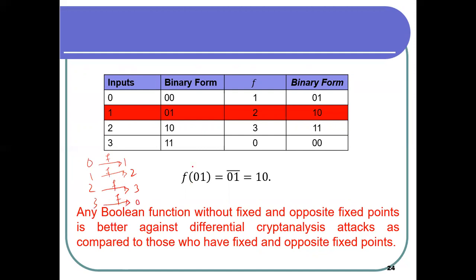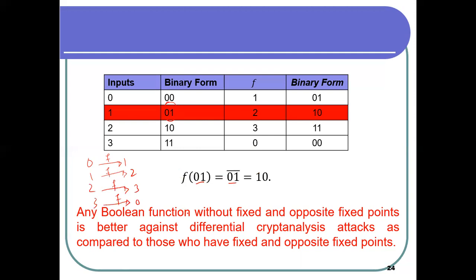In that case, if you take the element 0 1, the output is 1 0, and the complement of this one will be 1 0. So this is the opposite fixed point, that is, 0 1 gives you 1 0 under transformation f.